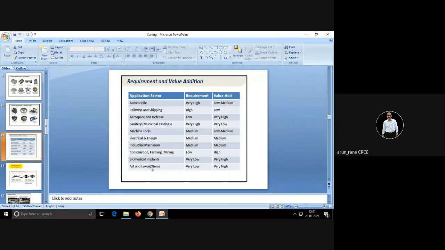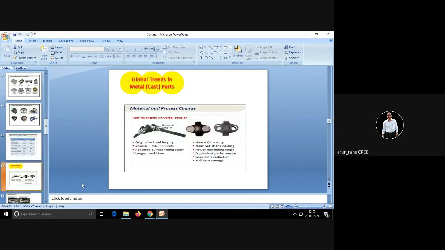Then biomedical implants. Those are all investment castings. Biomedical implants, for example dental implants, those are all investment castings, precision castings. So here they have shown how the evolution is taking place right from steel forging to the new direct investment casting.